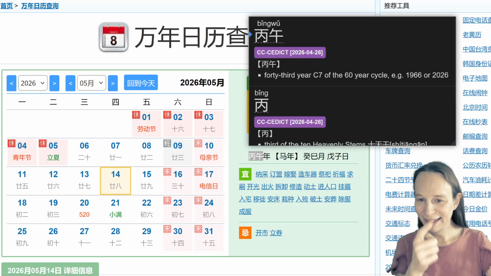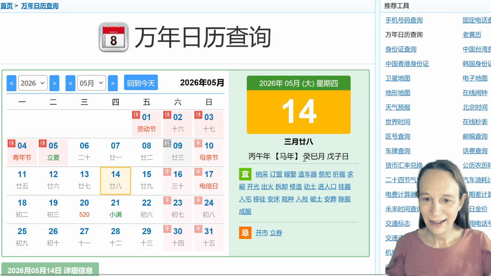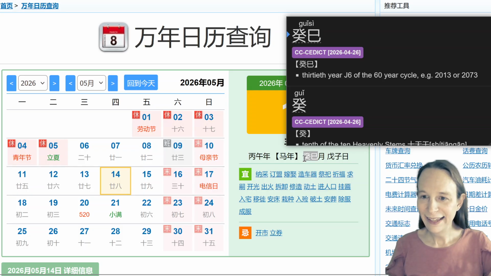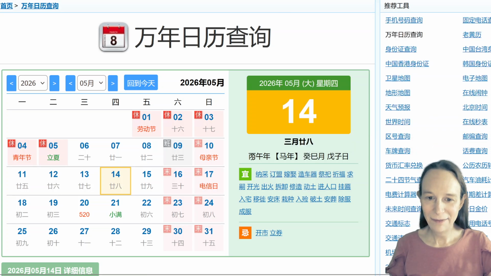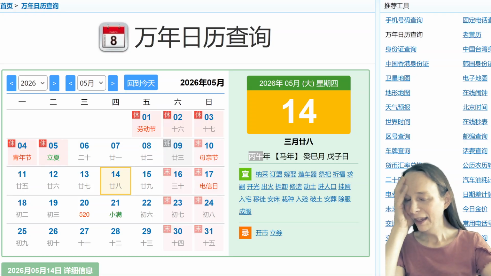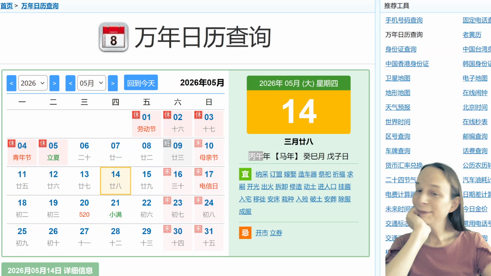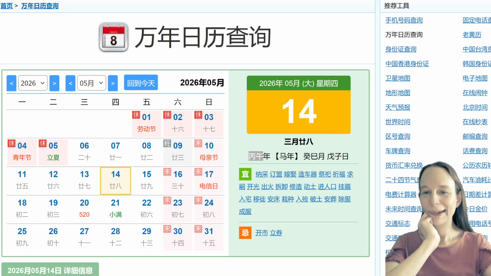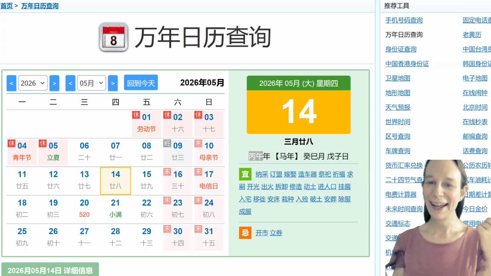There's this numbering system as well. 癸巳, 13th year. This is a counting system where, no, I'm not prepared to explain this counting system.